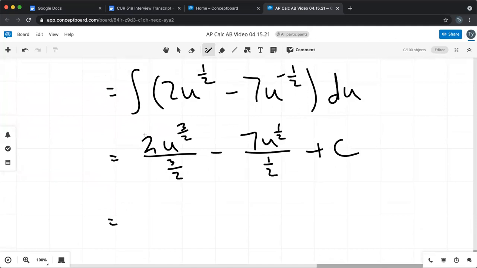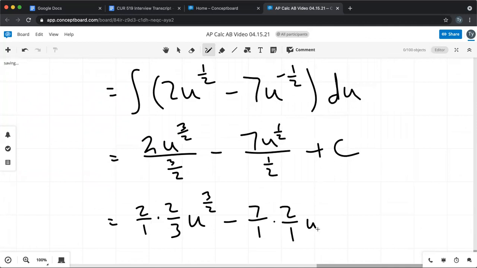Same thing as before, we can rewrite this as 2/1 from the numerator times the reciprocal of the denominator, which is then 2/3 times u to the 3/2, minus, same thing. We have a 7 in the numerator, that's the same as 7/1, times the reciprocal of our denominator, that's 2/1, u to the 1/2, plus c.